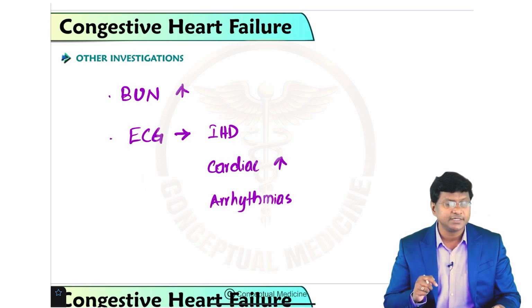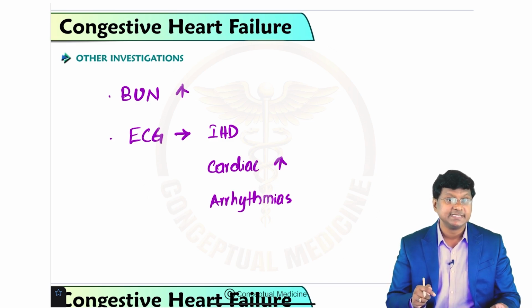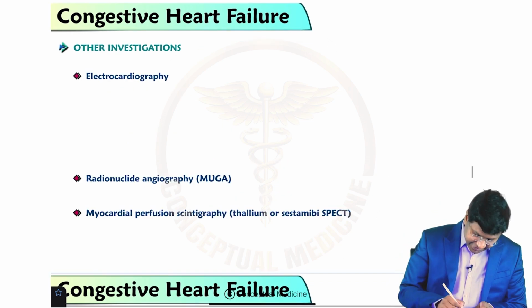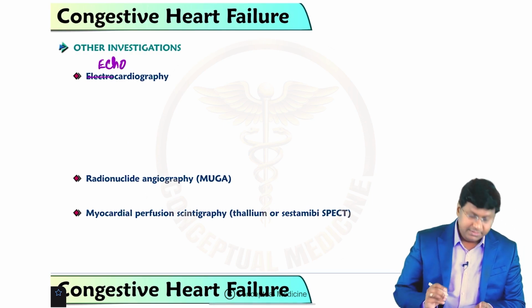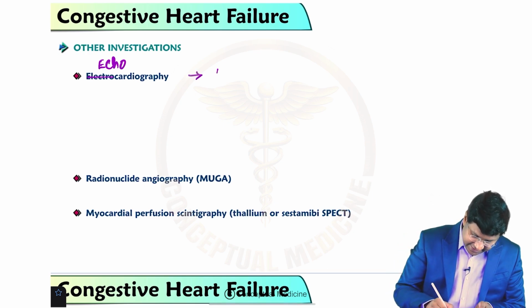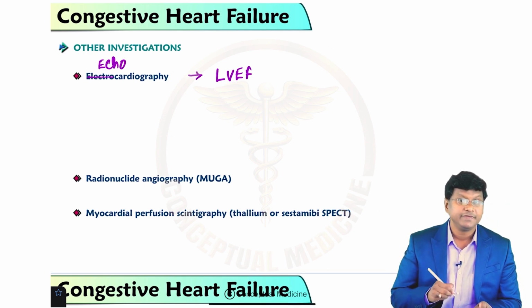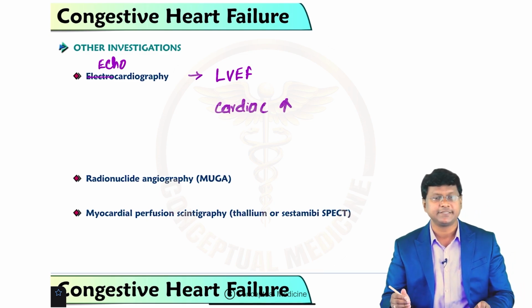Now after the ECG, the next important investigation is the imaging studies, that is echocardiography. With echocardiography, we will be able to assess left ventricular ejection fraction, and if there is any cardiac chamber enlargement.